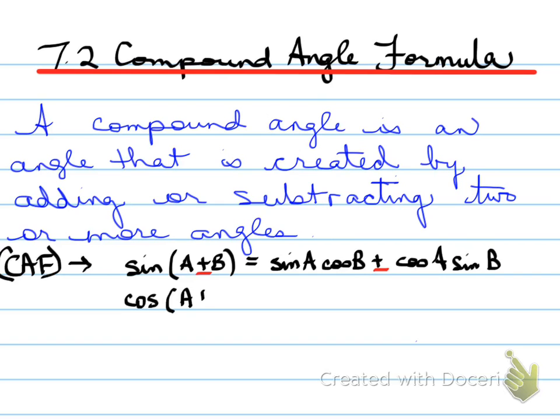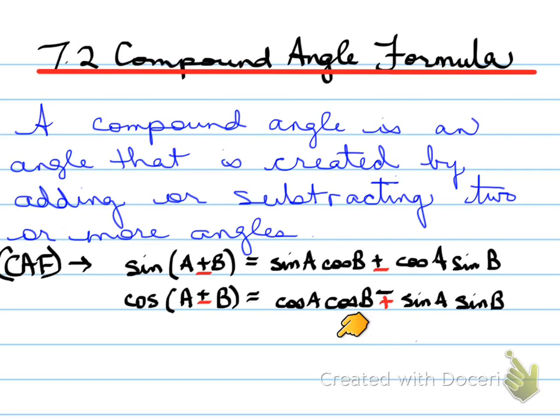Now, cosine of the sum of two angles, you will have this. Cos A plus B is equal to cos A cos B minus sine A sine B. So again, for cos, you're going to have different signs. So if it's A minus B, then you're going to have cos A cos B plus sine A sine B. Now, what about tan?